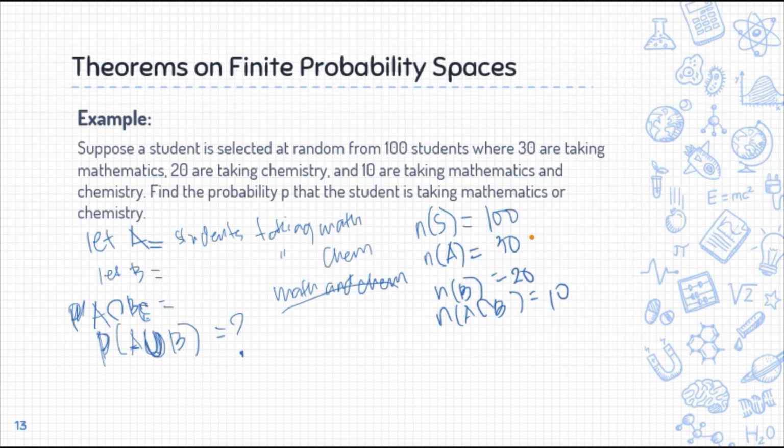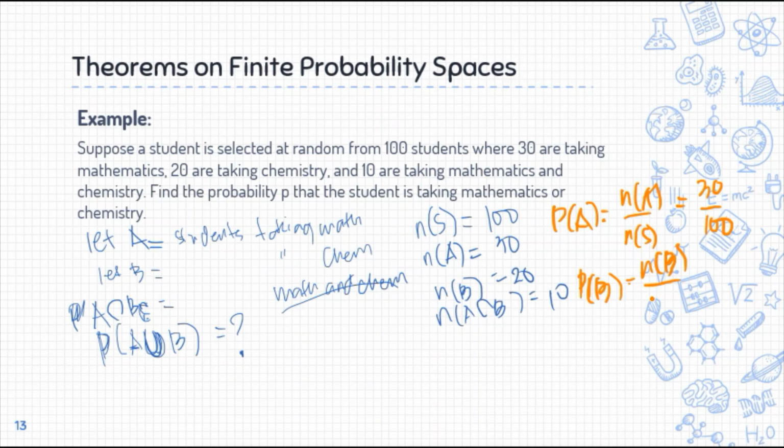But first, let us find our probability of A. The probability of A is equivalent to n(A) over n(S), which is 30 over 100. Our probability of B is n(B) over n(S), which is 20 over 100.